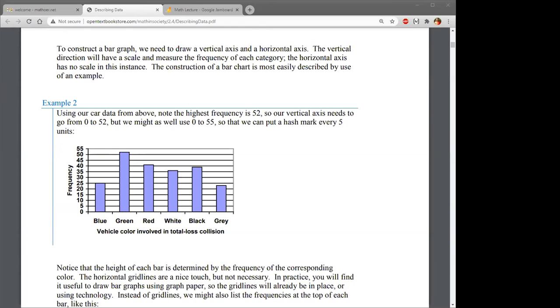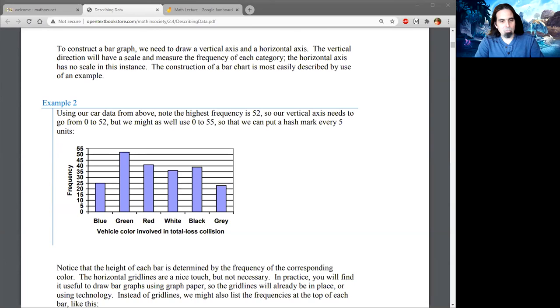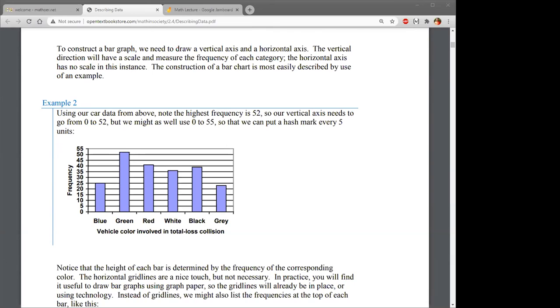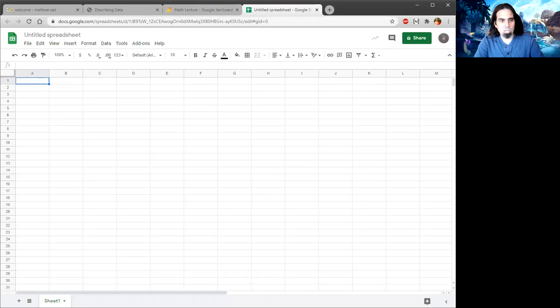Sure. Okay, so I will go to the drive that I've already shared with all of you. And I have made something here. Okay, so here is a Google spreadsheet. A spreadsheet is a computer application for organization, analysis, and storage of data in tabular form.